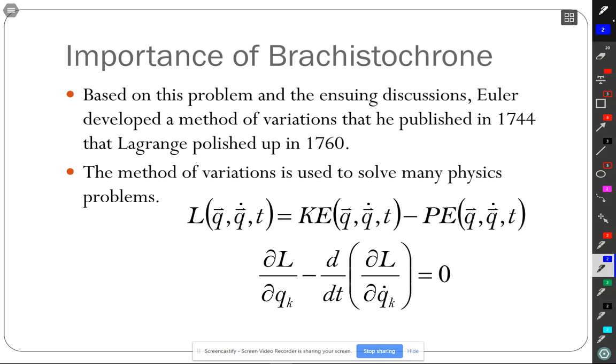Q dot, what does the dot mean? It means the time derivative. So putting it for the simplest problem, L is a function of X, X dot, or V, and time.